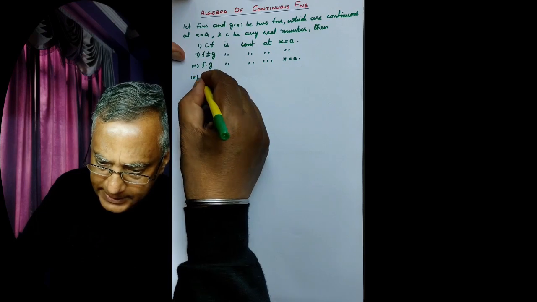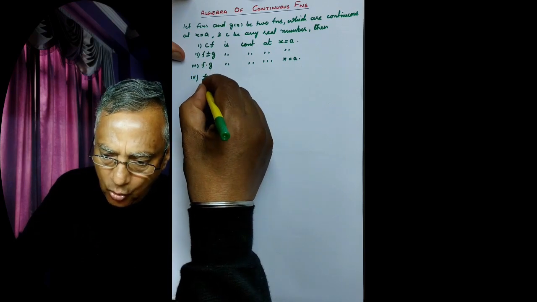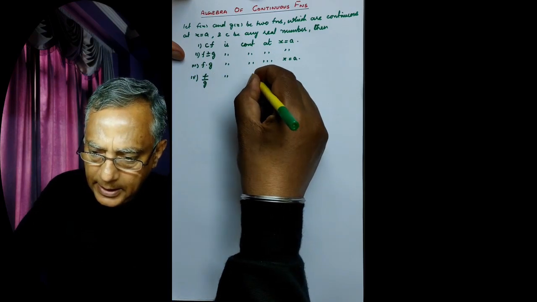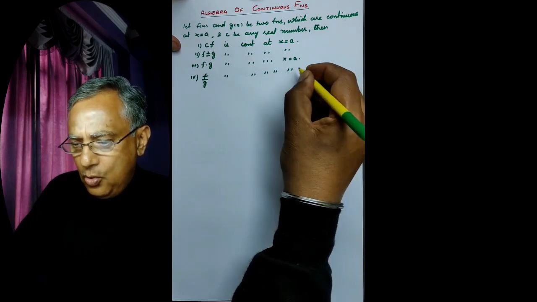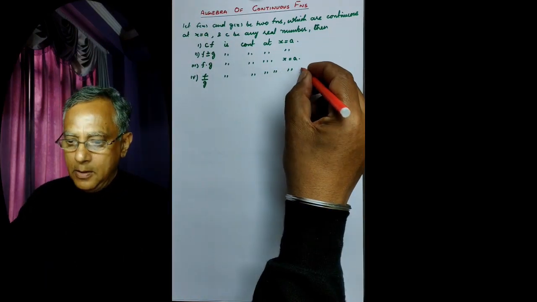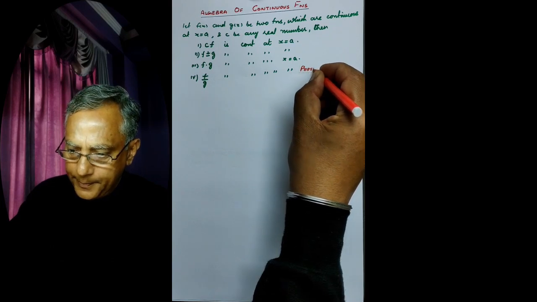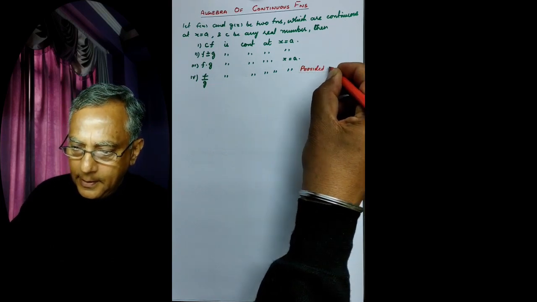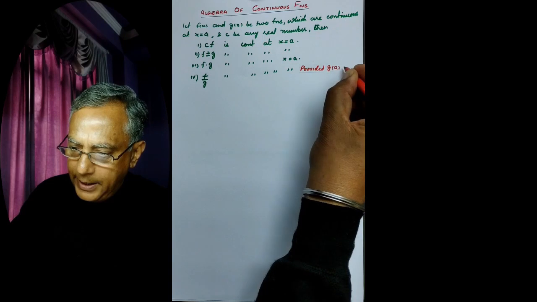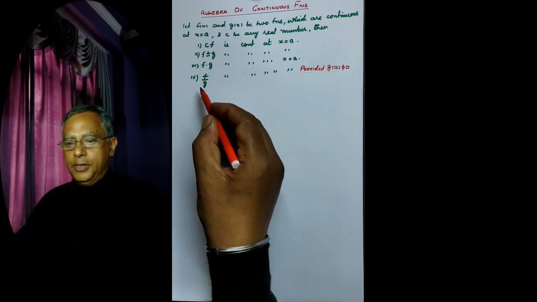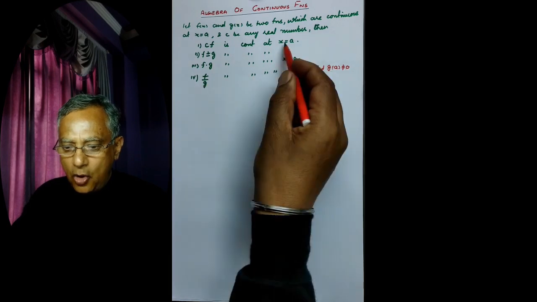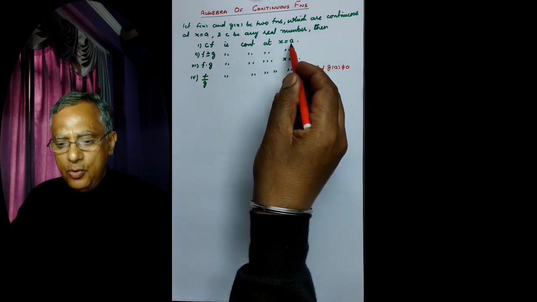And fourth, f over g is continuous at x equal to a, provided g of a is not equal to 0. That is, this function is not 0 at x equal to a.